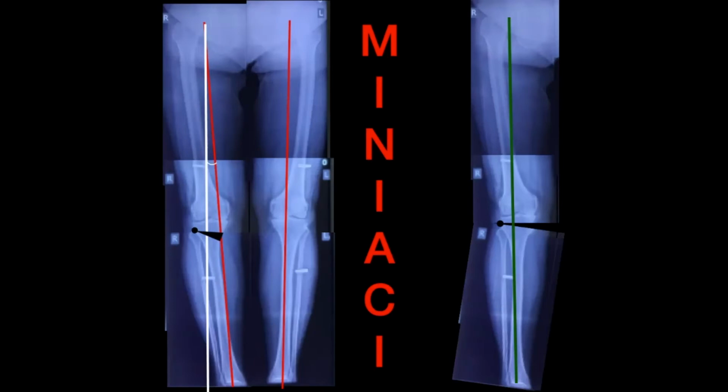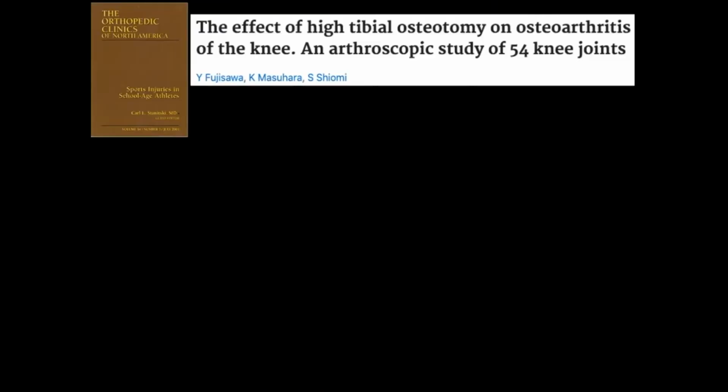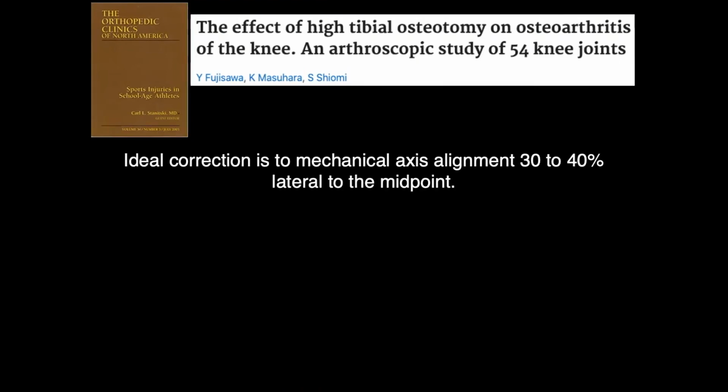So this is the mini-AC technique of correction, and Fujisawa has shown in his paper, where he did an arthroscopic study of 54 knees of patients in whom he did high tibial osteotomy up to the Fujisawa point, and he made 4 conclusions.